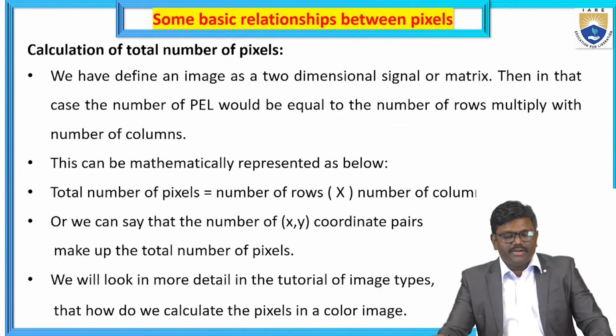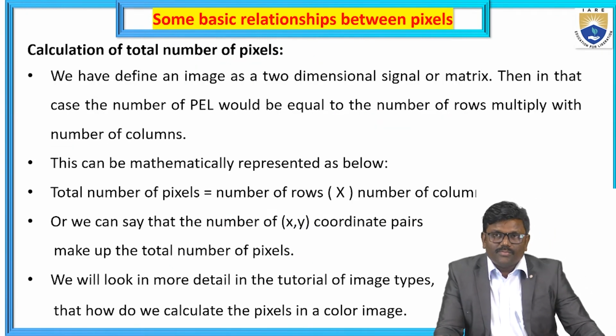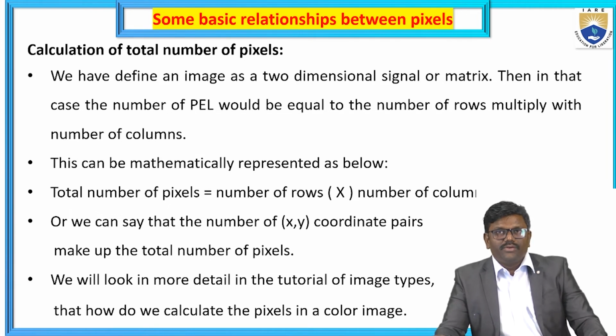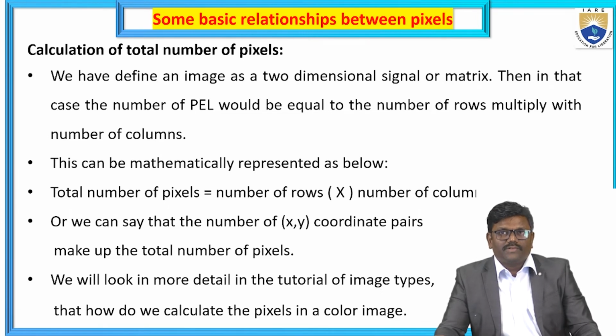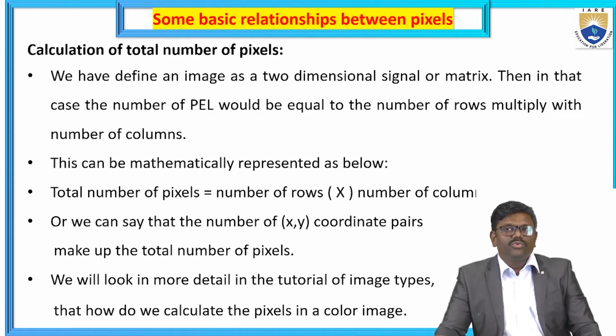Coming to this, I want to provide some more clarity by doing one simple calculation. Let me calculate the total number of pixels. I am defining the image as a two-dimensional signal or matrix.